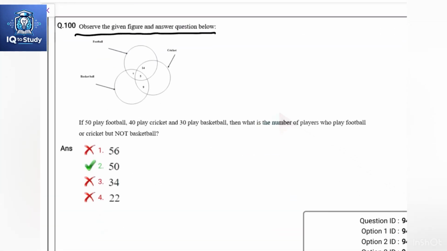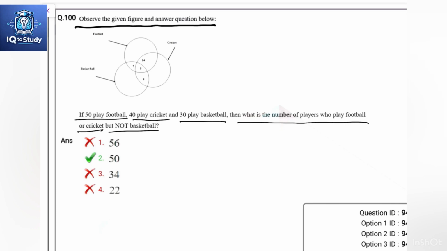Observe the given figure and answer the question below. If 50 play football, 30 play cricket and 30 play basketball, then what is the number of players who play football or cricket but not basketball? Here the number of players who play football or cricket is 50 plus 40 minus (4 plus 5), which is equal to 71.